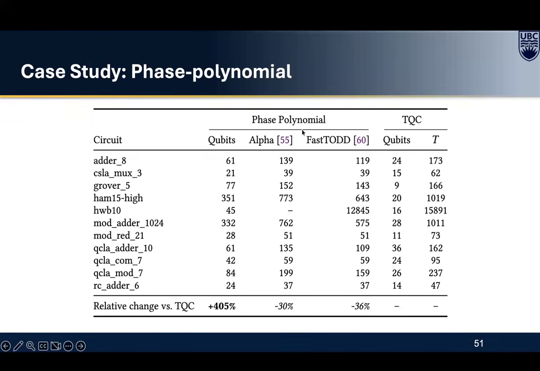But there is also another family of T-count optimization that is based on phase polynomials. For those methods, however, they do require additional ancilla qubits, and those qubits are introduced because phase polynomials only work with a CX plus phase plus T circuit. So you can't have any Hadamard gate in your circuit to use phase polynomials.